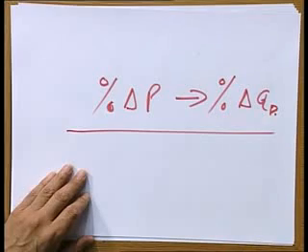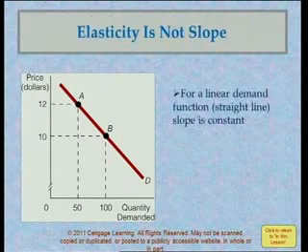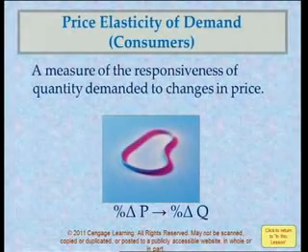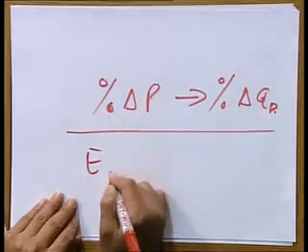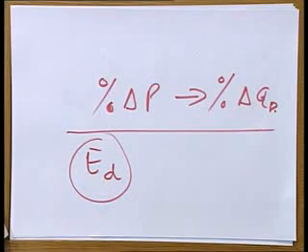Now there's a general formula for price elasticity of demand, and you can see it there, maybe not in the slide, but basically in your textbook as well. When you look at price elasticity of demand, you will see ED. Now what is ED? ED is the elasticity coefficient. All right? So we need to determine the elasticity coefficient.